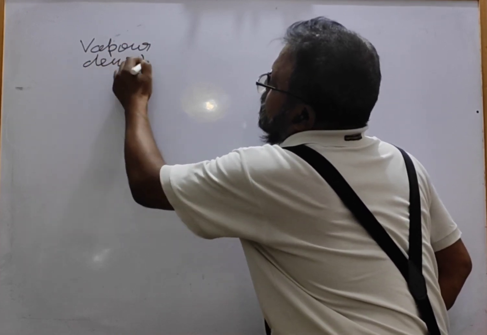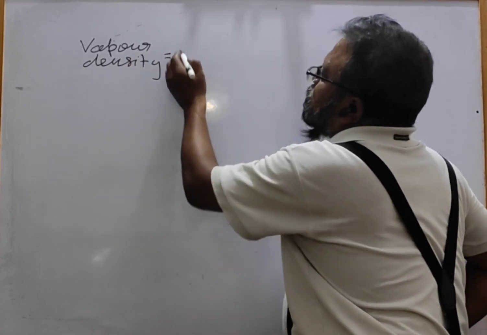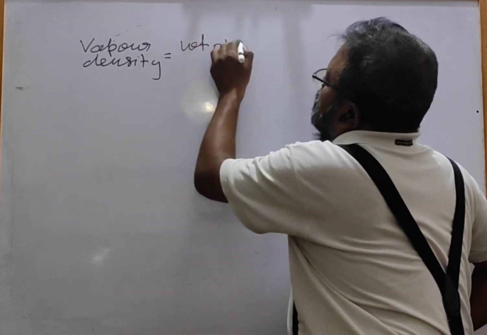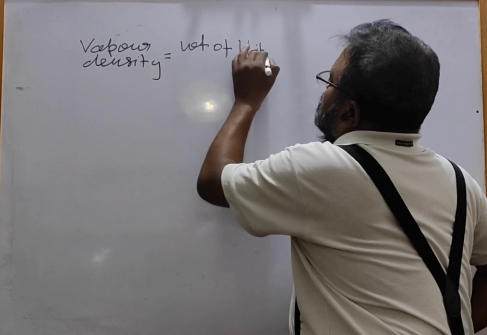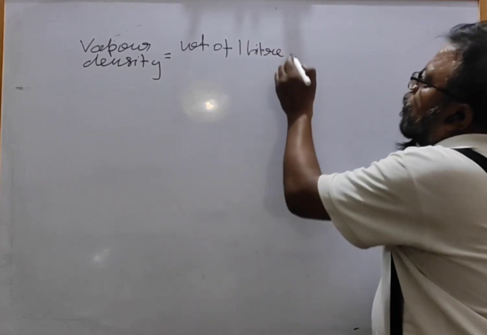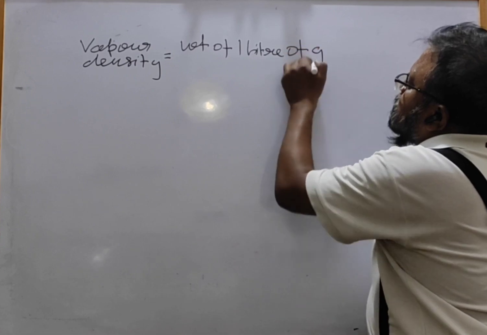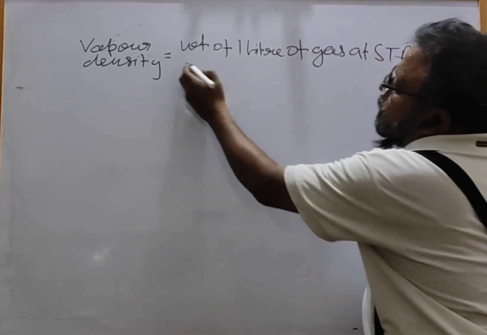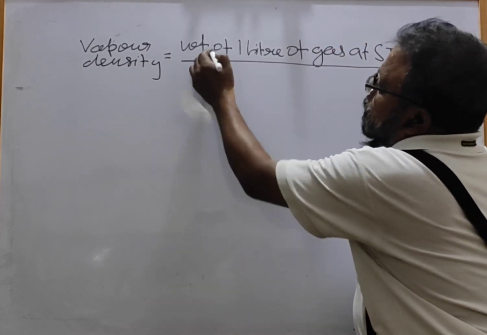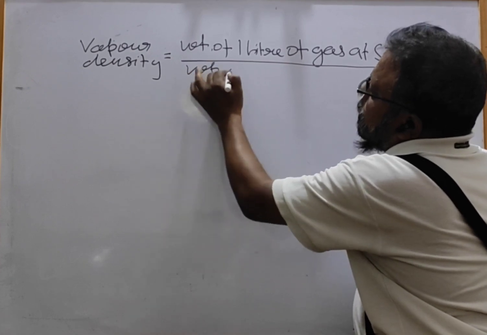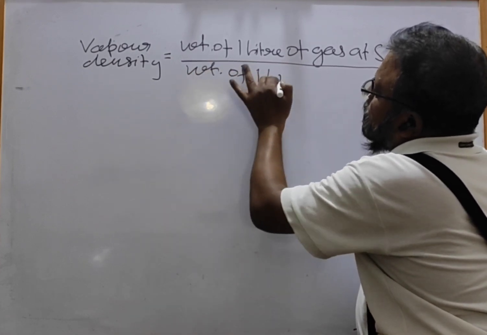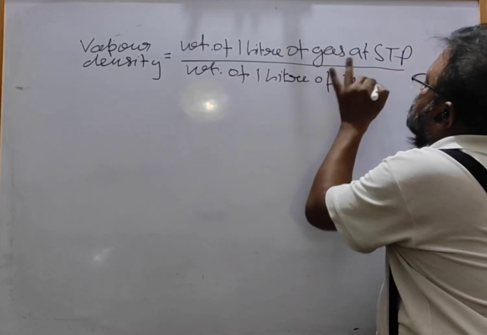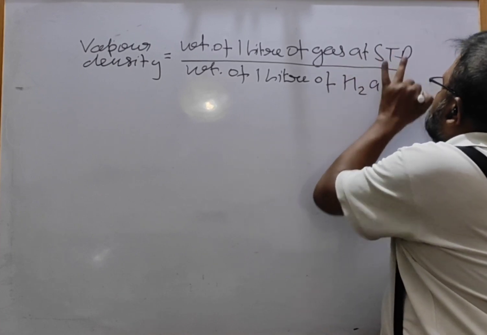Vapor density is equal to the weight of 1 liter of gas at STP upon the weight of 1 liter of hydrogen at STP, right?